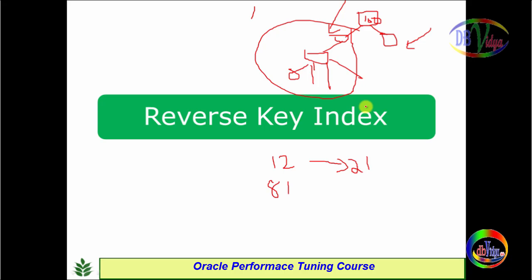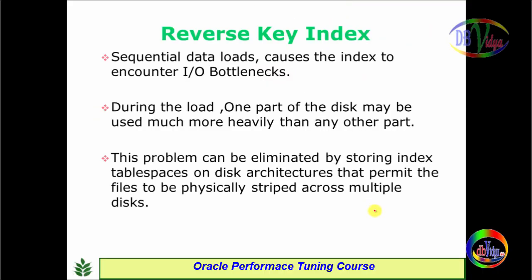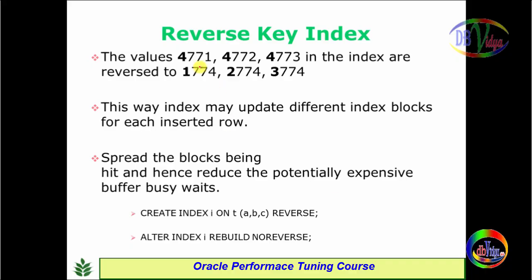Suppose if you have 91, it will be stored as 19, only for index purpose, it won't change the exact data. Suppose you have data like 4771, all employee numbers starting like this, 4772, 4773 like this.